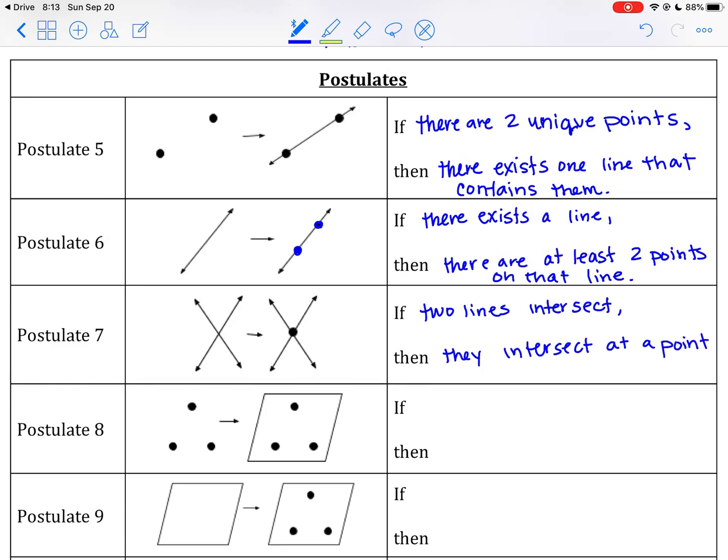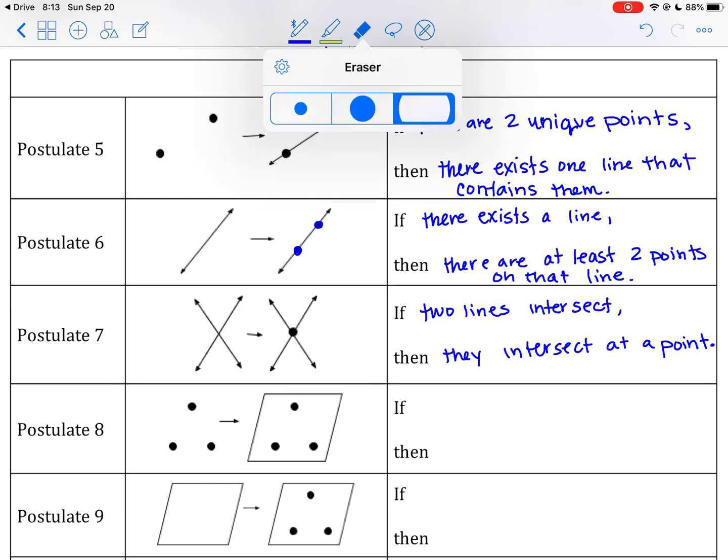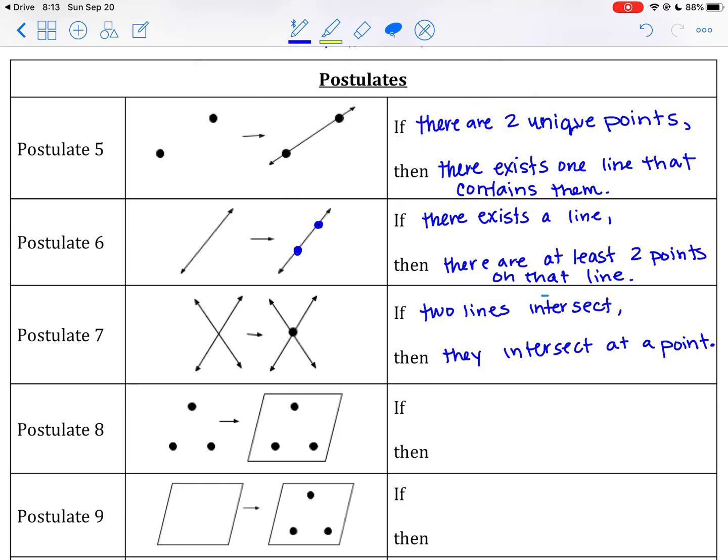Let's make this even a little bit better. Let's say 2 unique lines, because we get rid of the infinitely many solutions when it's the same line. So if two unique lines intersect, they intersect at a point.